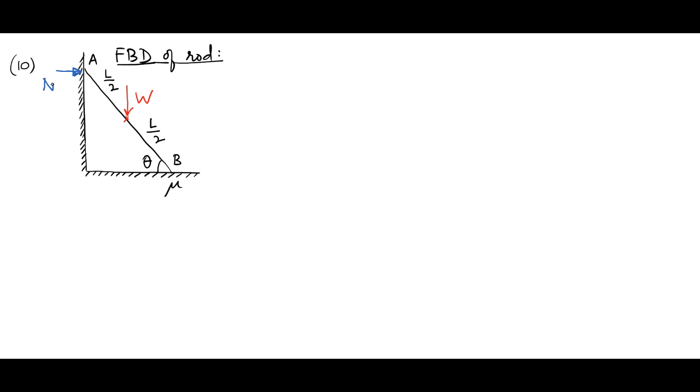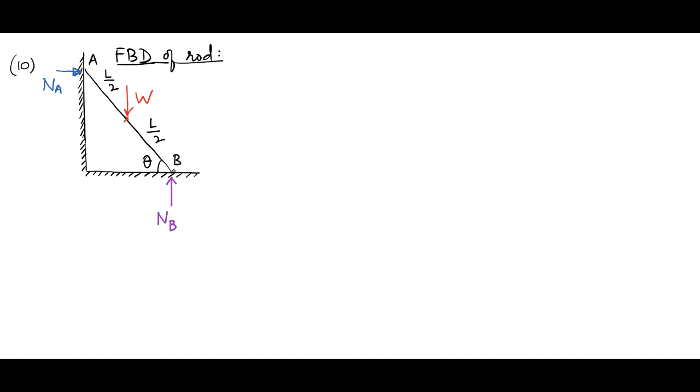So that normal reaction, I'll call it NA. And finally we go to the lower end of the rod. Now that end is resting on the floor. So let me first draw one of the forces which can be present. It's the normal reaction exerted by the floor on the rod at end B, so I call it NB.